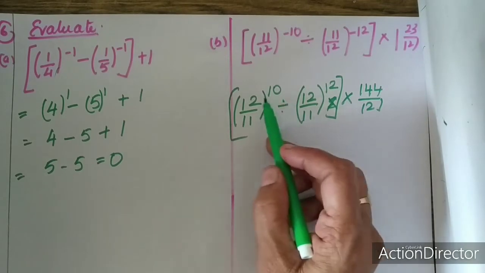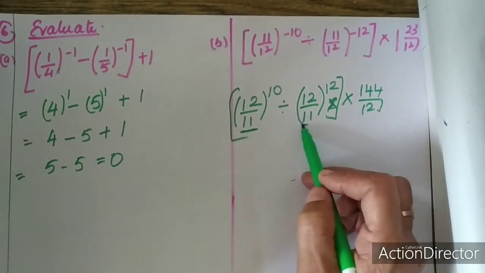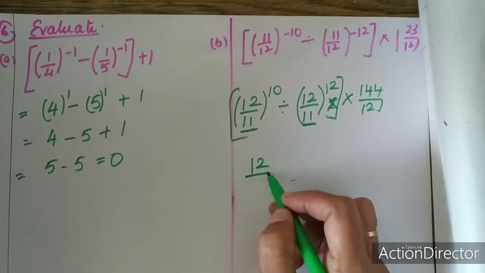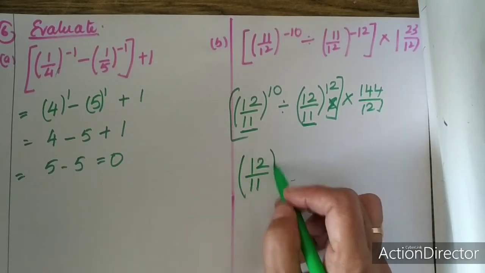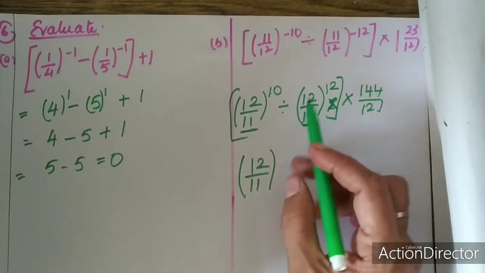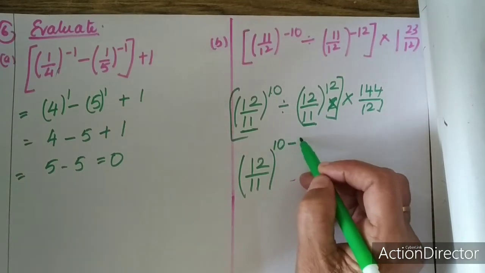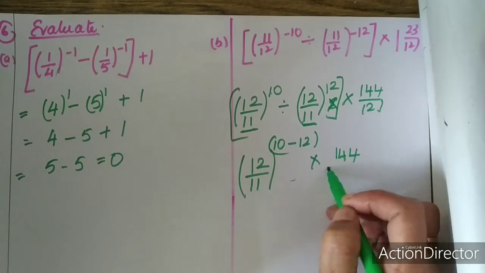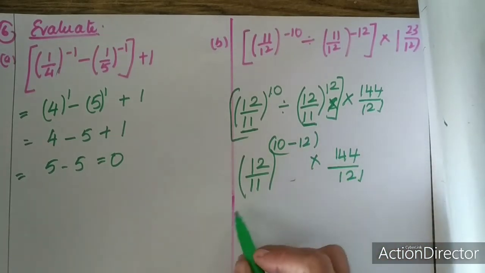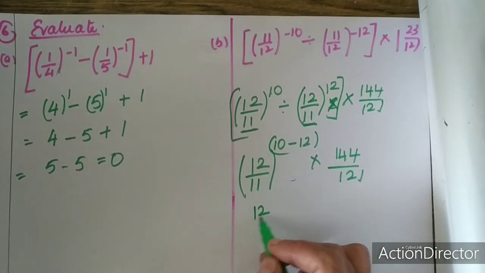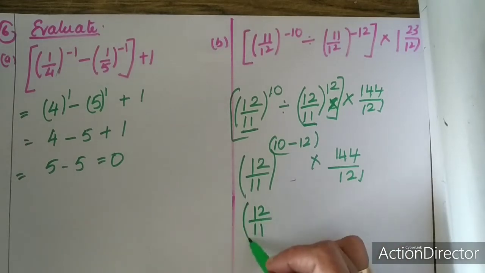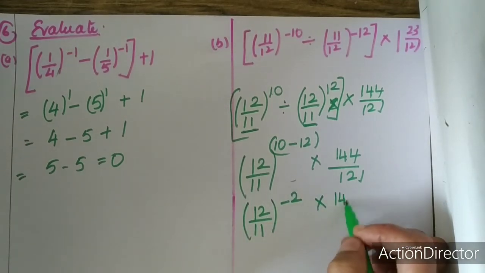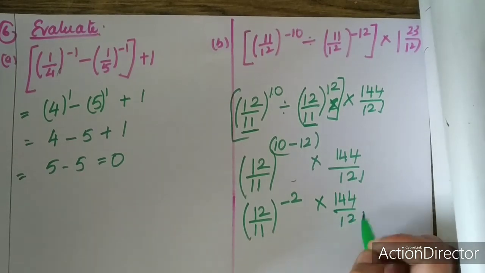So now since this is a division and the bases are the same, I can apply the division law over here. (12 upon 11) whole raised to the power of power 1 minus power 2. So it is 10 minus 12, into 144 upon 121. So this is equal to (12 upon 11) whole raised to the power of minus 2 into 144 upon 121.